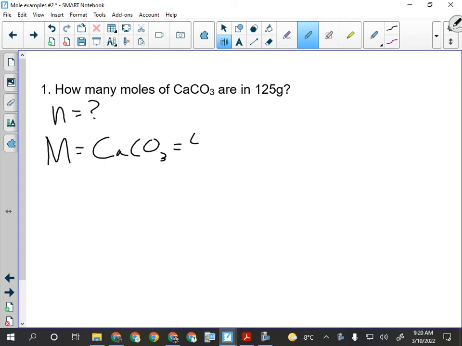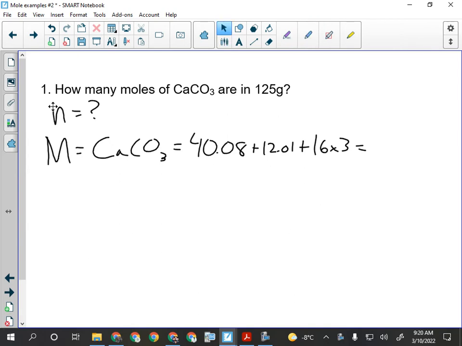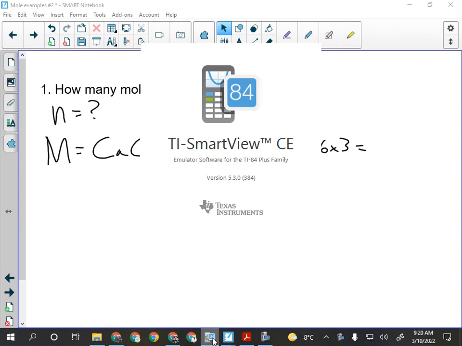So that'll be 40.08, our 1 calcium, plus 12.01, our 1 carbon, plus our 3 oxygens. When we're putting that together, sorry, I should have started the calculator before.